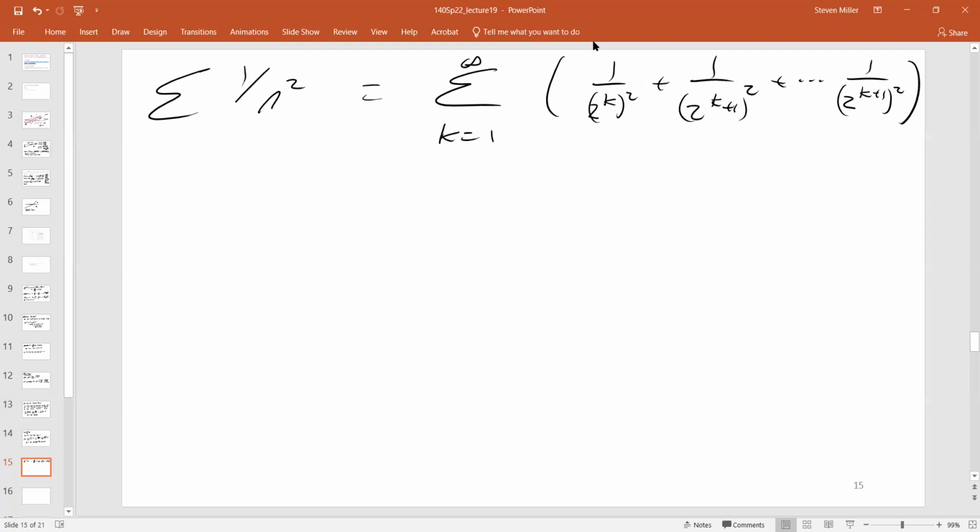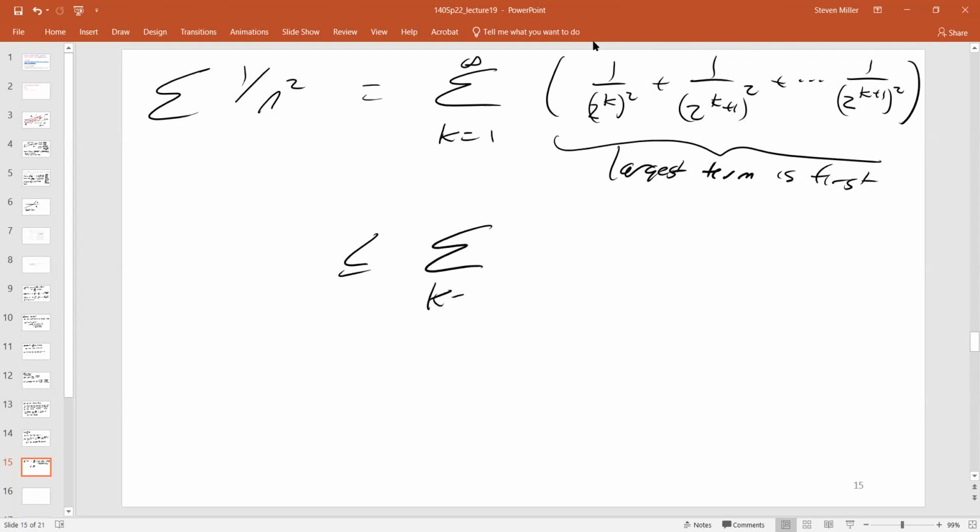When I look at all of these terms, which is the largest term? It's the first, right? Do we agree that the first term is the largest? So this is going to be less than or equal to the sum, k goes from 1 to infinity. I have 1 over 2 to the 2k. How many terms do I have? I have 2 to the k terms.